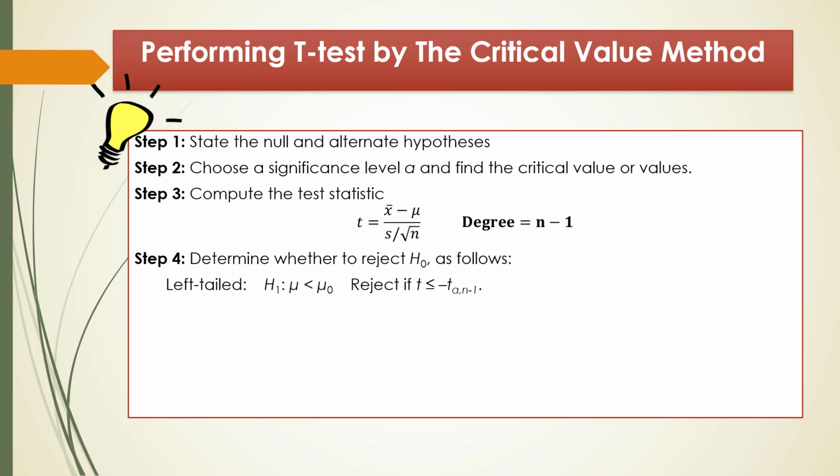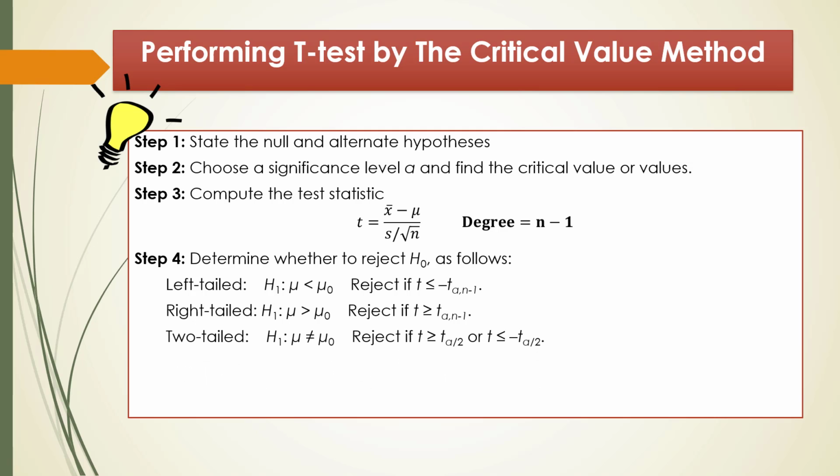Step 4, we determine whether to reject the null hypothesis as follows. For left tail, if the test statistic is less than the critical value, we reject the null hypothesis. For right tail, if the test statistic is greater than the critical value, we reject the null hypothesis. For two-tail, we reject H naught if t is greater than or equal to t alpha half or t is less than minus t alpha half.